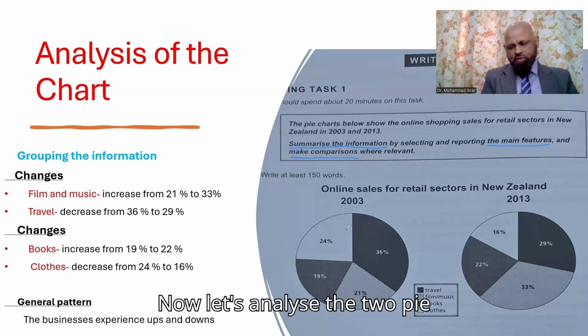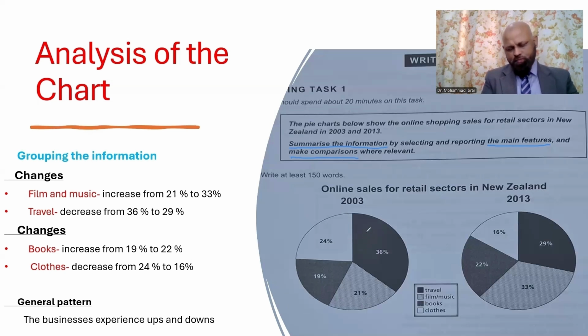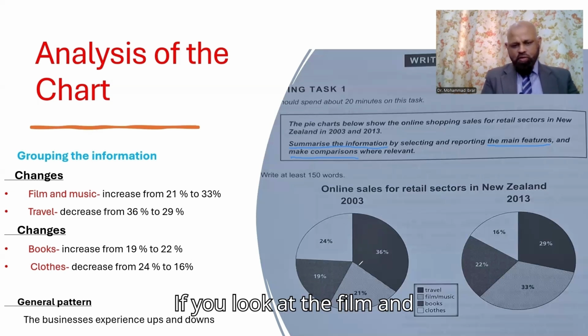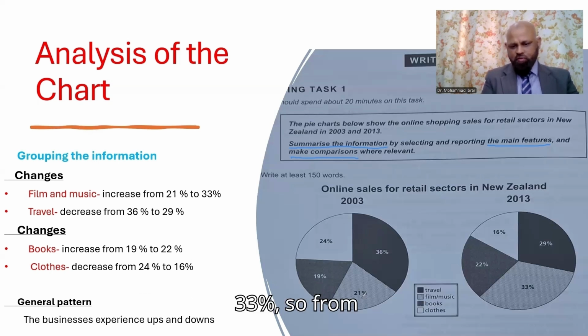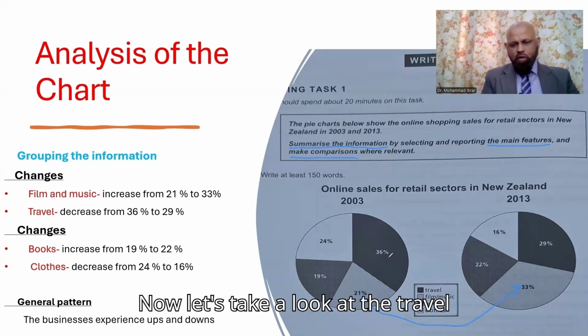Now let's analyze the 2 pie charts. If you look at the film and music sector, there is an increase from 21% to 33%. Now, let's take a look at the travel sector.